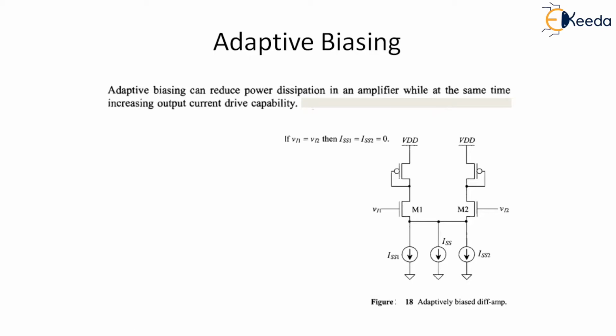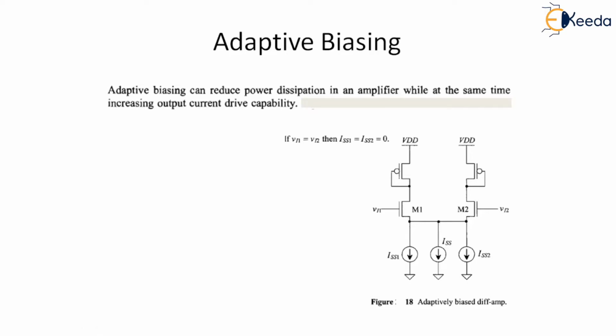However, now the maximum output current is limited to either ISS plus ISS1 or ISS plus ISS2. Thus, the power dissipation can be reduced using an adaptive bias and slew rate limiting can be eliminated, because when these voltages are both equal, ISS1 and ISS2 are 0.